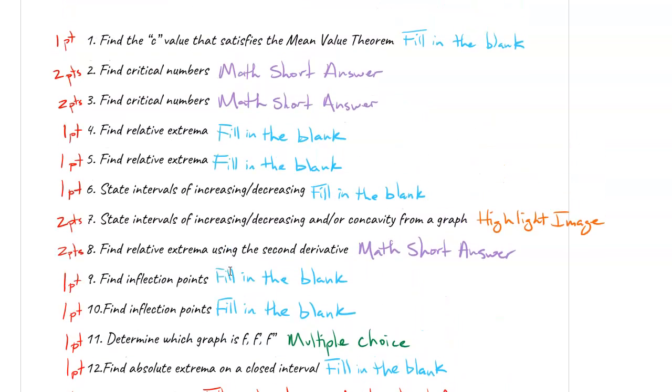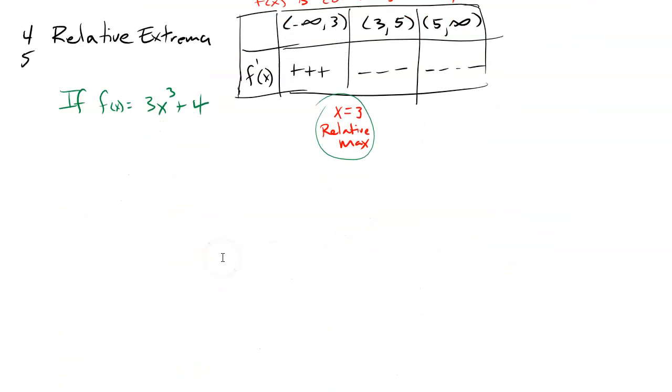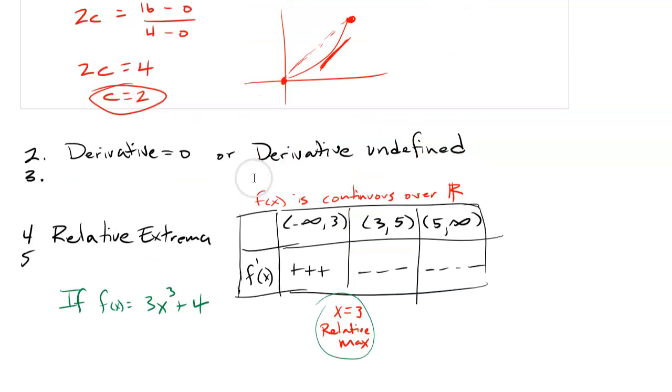State intervals of increasing, decreasing. If I remember correctly, question 6 is similar to 4 and 5 in that I think I gave you a table. One of these questions I have you fill in the table.